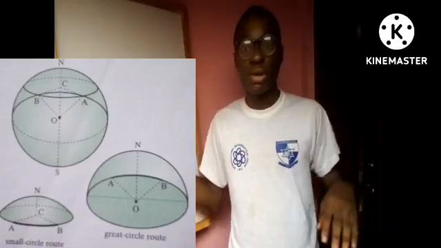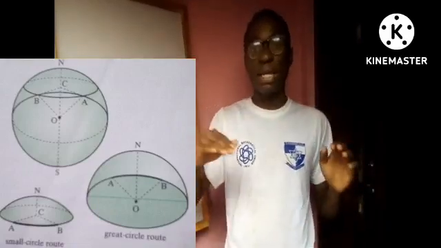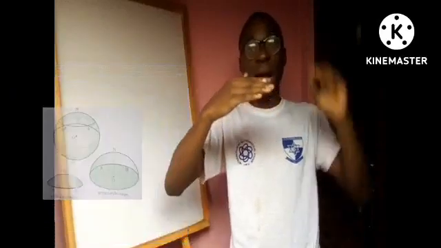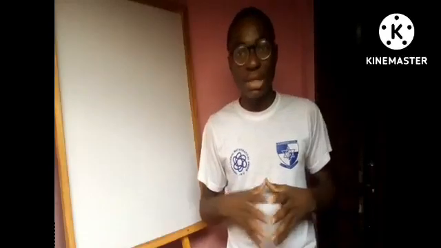When you cut a horizontal plane through the center of the earth, the angle between that horizontal plane and a particular point, if you group all those points together and connect them, they form the latitude. And that latitude has a particular degree, and that degree of latitude is like the angular displacement from the horizontal plane. So it is basically the angular displacement of a particular place from the center of the earth.